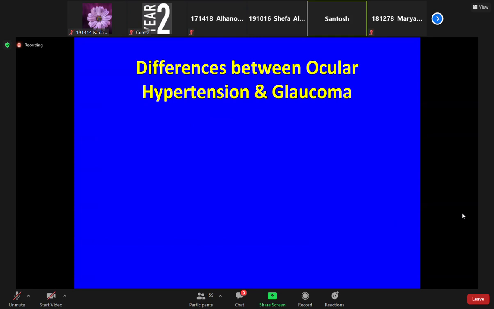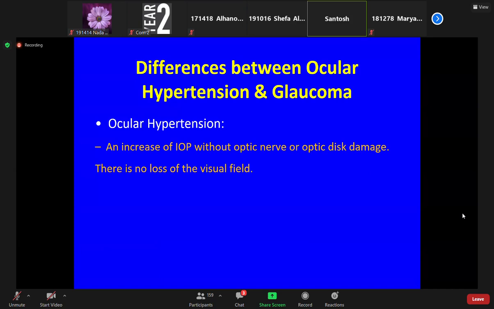So what is the difference between ocular hypertension and glaucoma? Ocular hypertension is just the raised intraocular pressure without optic nerve or optic disc damage. So no loss of visual field, no visual problems, no optic nerve problems. It's just raised intraocular pressure. So that's ocular hypertension.